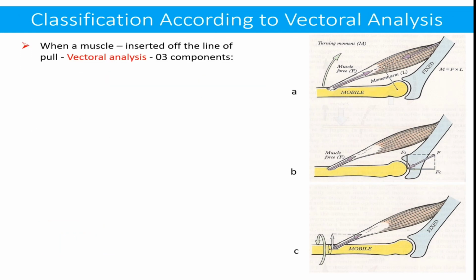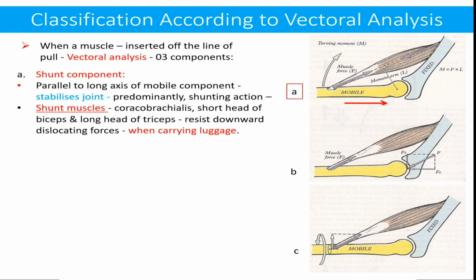By applying the knowledge gained, now let us analyze the action of a muscle having insertion away from the line of the pull. Hence, its actions can be divided into three components. Number one, shunt component. This component is parallel to the long axis of the mobile component. Hence, this component pushes the mobile component into the fixed component at the joint.